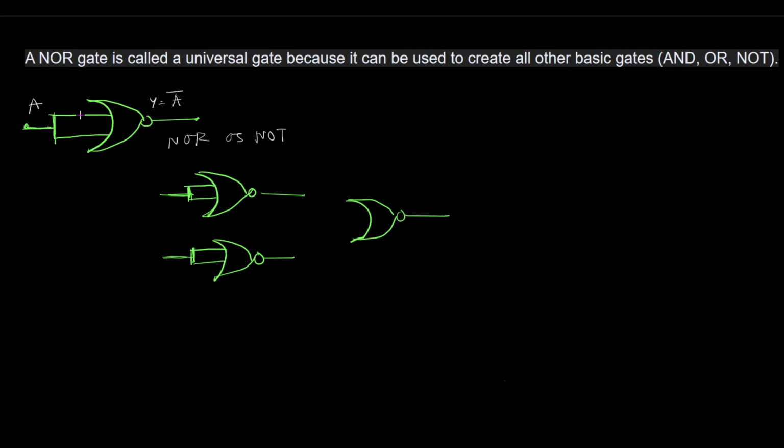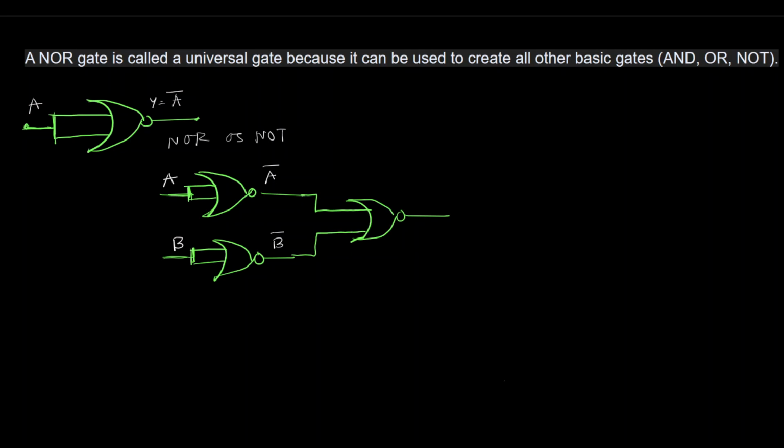Here we have taken one-input NOR gates, so we are giving it A, and here we'll get A complement. If this is B, we'll be getting B complement here. Now we connect this A complement to this and B complement to this.